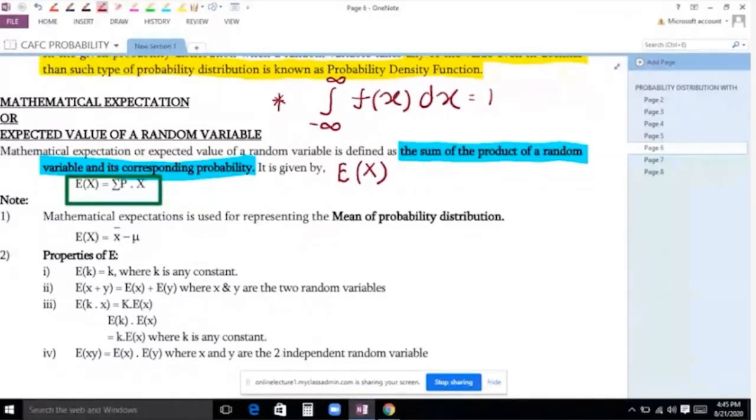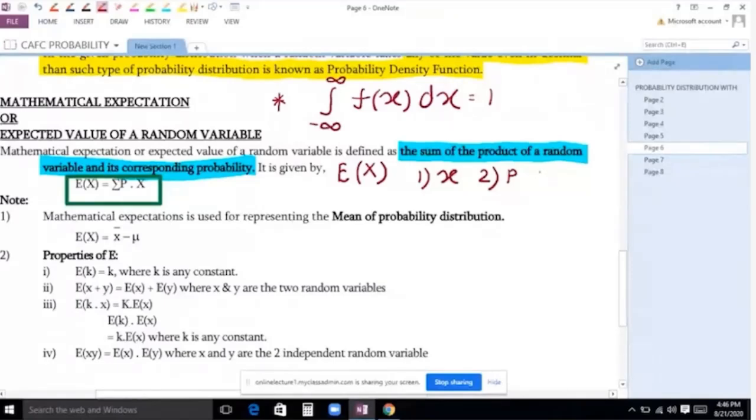The two values we generally expect are the value of X and the value of P. But just by knowing the value of X and P, will the purpose be solved? The answer is no.